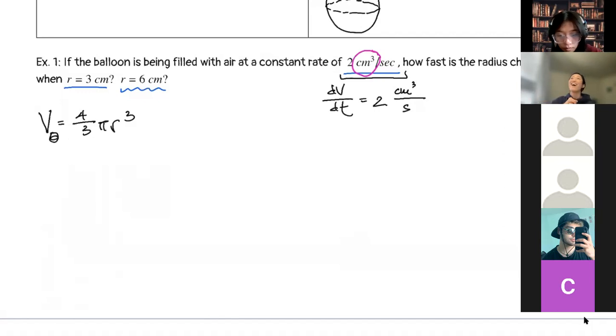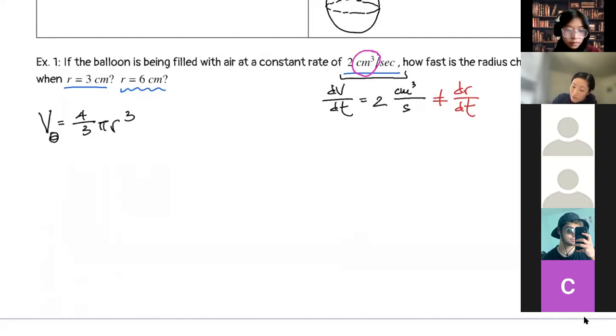Okay, so 2 centimeters cubed per second tells us about how the volume is changing, but this is not the same as how fast the radius is changing. Exactly.